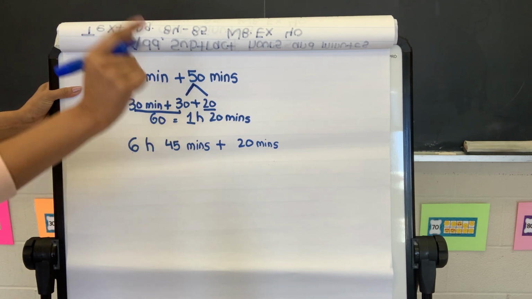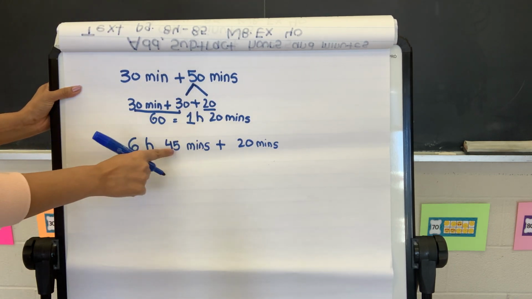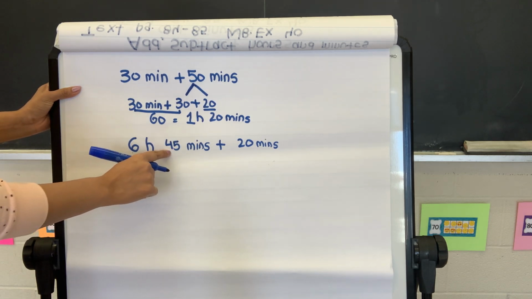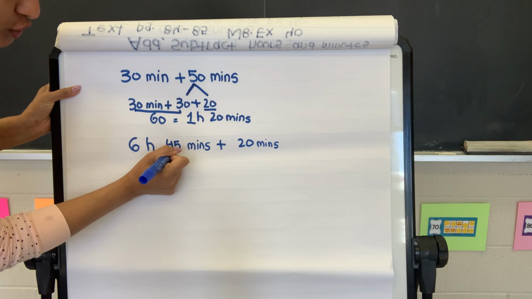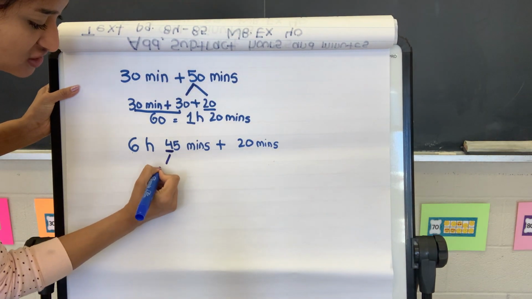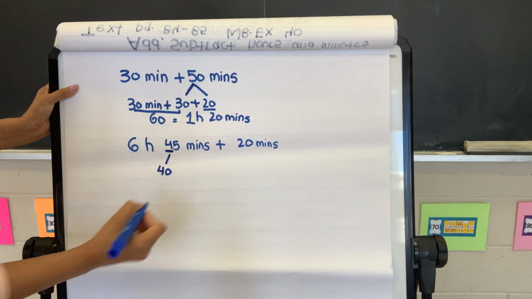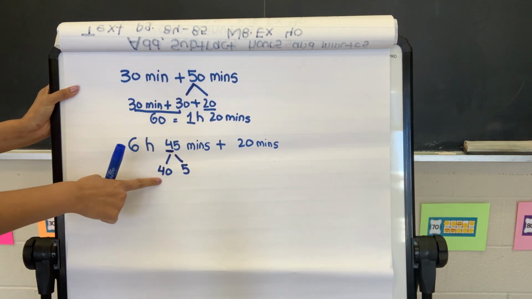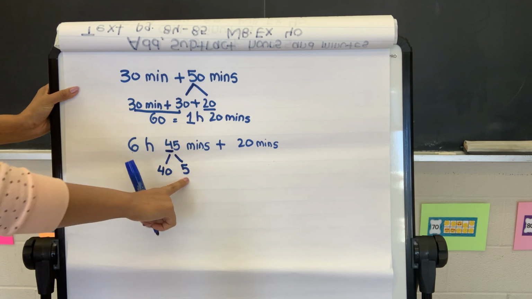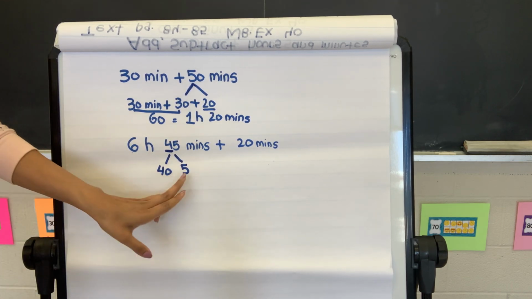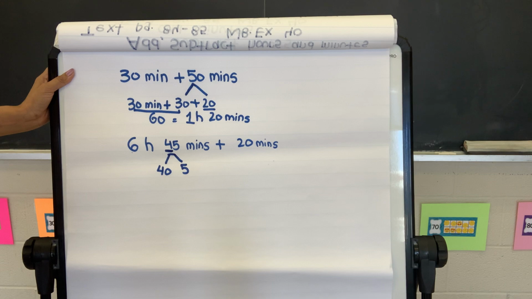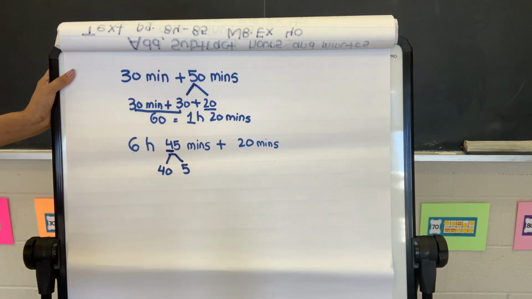So I'm going to look at my 45 and my 20. Now in 45, what do I need to add so that this becomes a 60? Let's look at this. 45 is made up of 40 and 5, so I have 4 tens and I have 5 ones. Then I have 20 minutes over here.